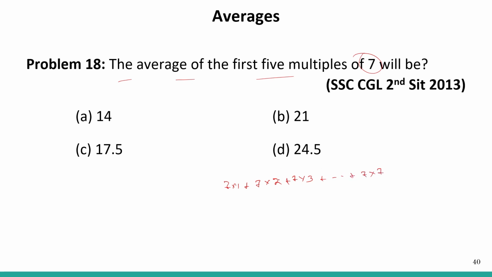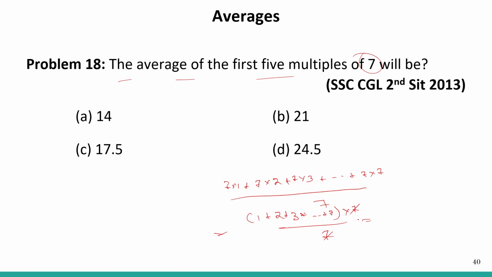Their average will be this whole by 7. If we take 7 common, that is (1 plus 2 plus 3 plus dot dot dot plus 7) into 7 whole by 7, dividing 7 by 7, we get 1 plus 2 plus 3 dot dot dot plus 7.